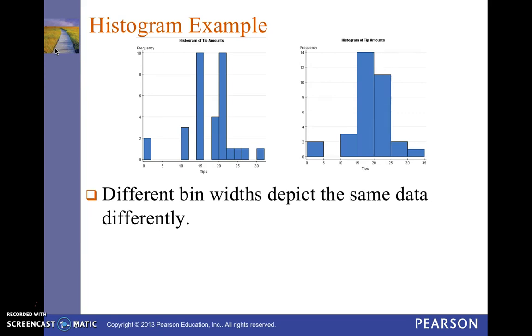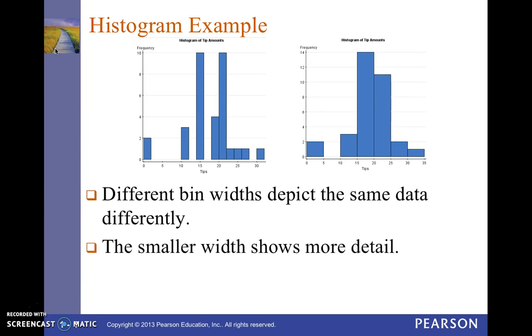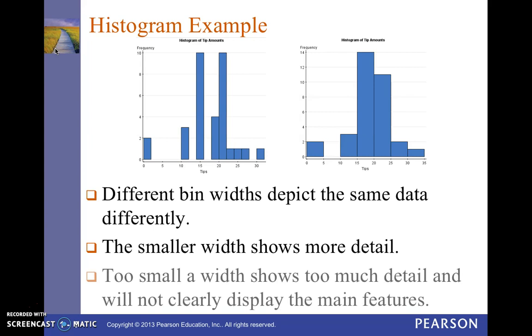And one of the things that's important about histograms is that depending upon what your bin width is, that can actually end up making your data look quite a bit different. Smaller widths show more detail. However, too small a width shows too much detail and will not clearly display the main features. And that's kind of what you're seeing between the 2 examples. Both of them are attempts to display tip amounts.